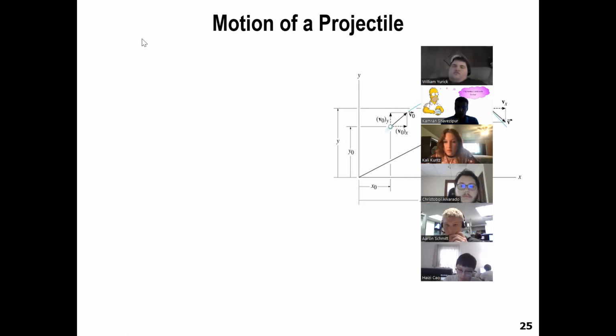Now, let me ask you this to see who remembers. Is G, the gravitational acceleration, constant or does it vary? It varies slightly. Technically it depends on the elevation, right?